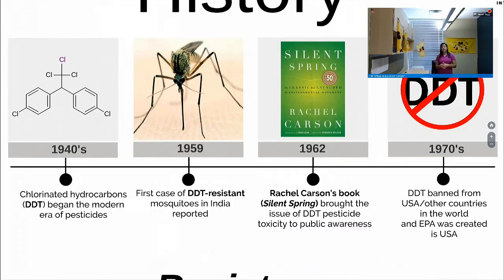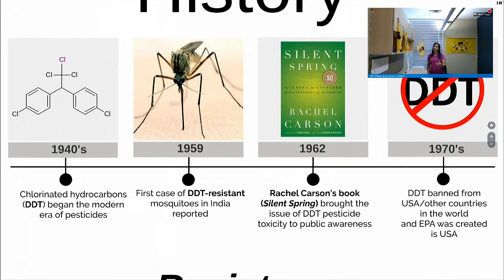So we start seeing some downfalls with the DDT. In 1959, for example, it was reported the first case of DDT-resistant mosquitoes in India. In 1962, the biologist Rachel Carson wrote a book called Silent Spring that brought the issue of DDT pesticide toxicity to public awareness.